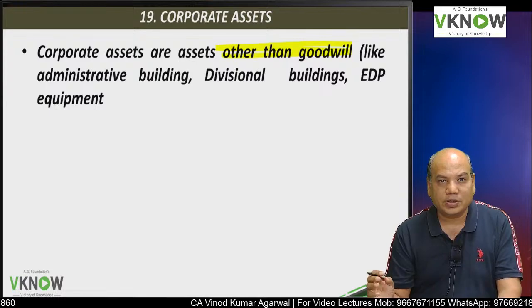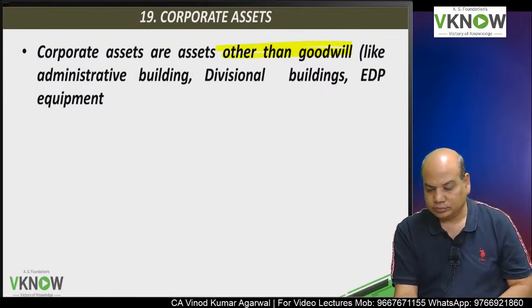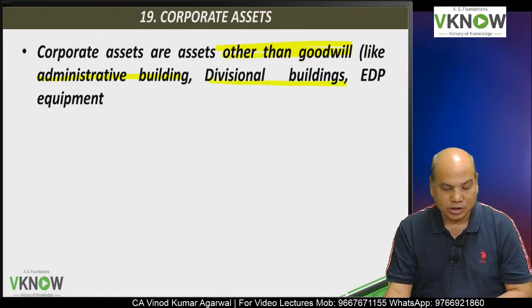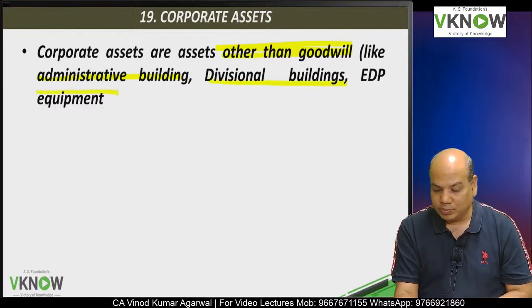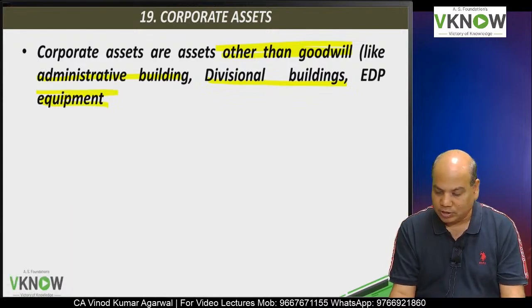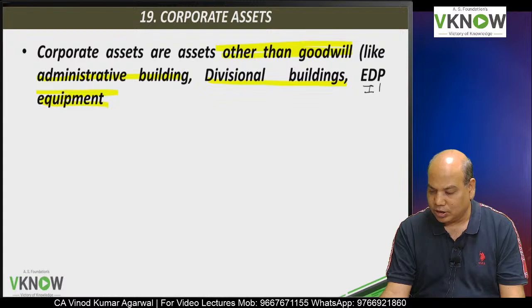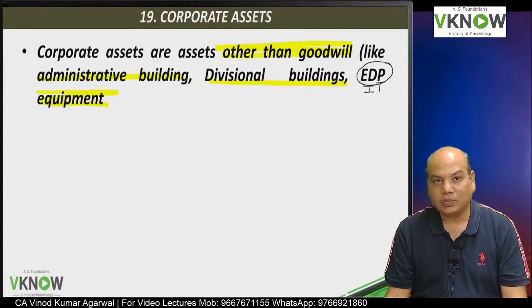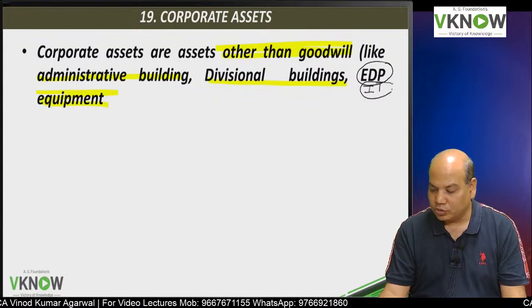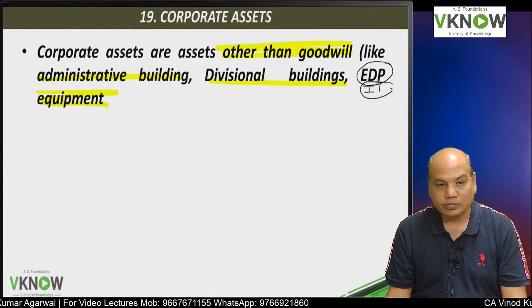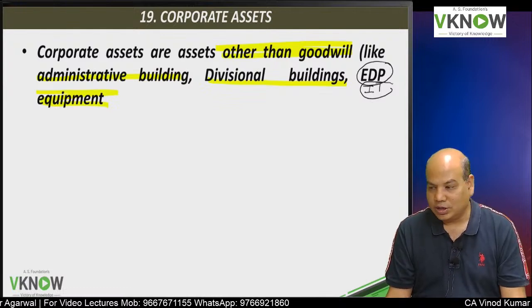Examples of corporate assets: head office building, administrative building, divisional building, EDP or IT equipment, information technology department. Every company has got IT or EDP, electronic data processing. Nowadays it is called the IT department, where they process all your information technology related work.